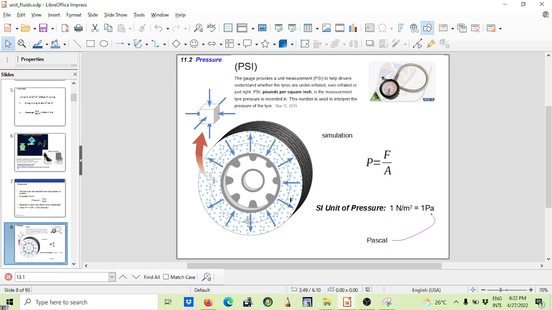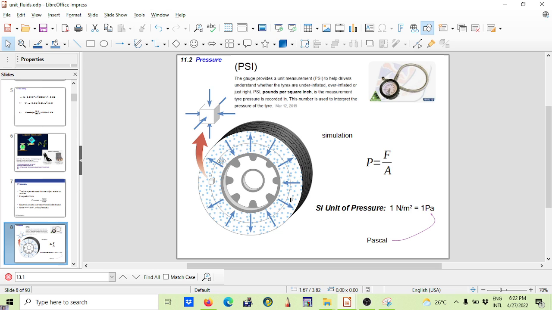So that's how pressure is defined. And of course, you can also find the pressure of a gas. If you have a container of gas, like here we have a tire, you have more pressure here compared to the outside world, right? Outside we have what is called 1 atmosphere, so 15 pounds per square inch.